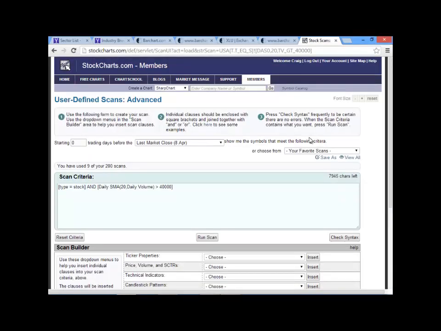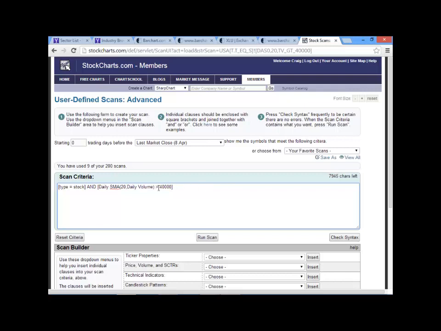So kind of back to what I was talking about, stock screeners. Here is the stockcharts.com scan criteria. This is your work area where you can type in the different scanning criteria you want to look for. Right now this is just the default they put in there: the type is stock, and I'm looking for a daily simple moving average of 20.